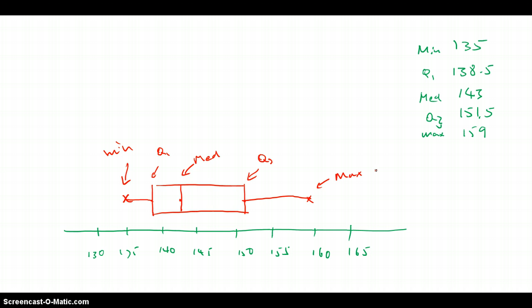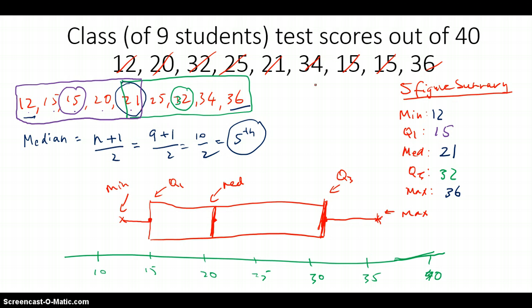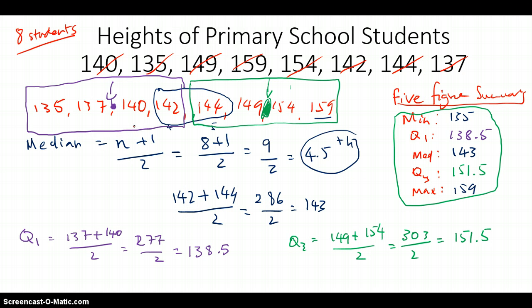So in essence, when we want to sketch up a box plot, what we need to do first is we need the data in ascending order. And after you have the data in ascending order, you first find the maximum, then the minimum, then from there you find the median.